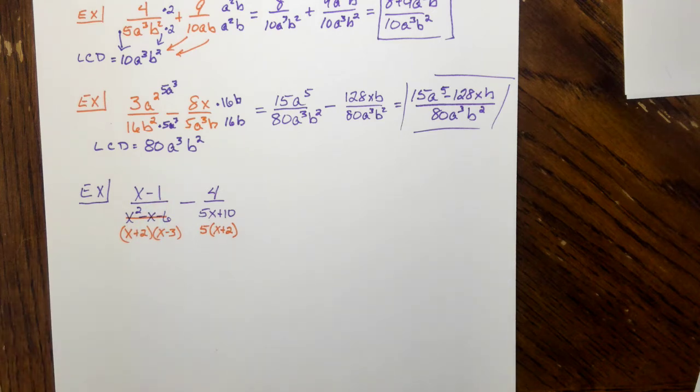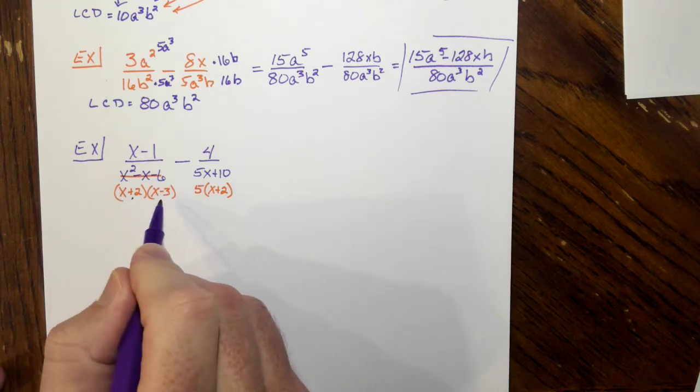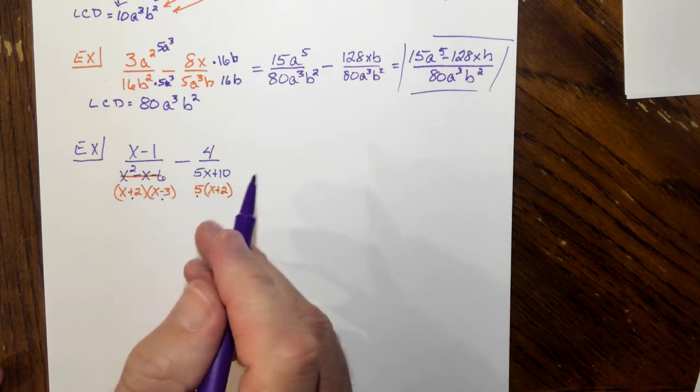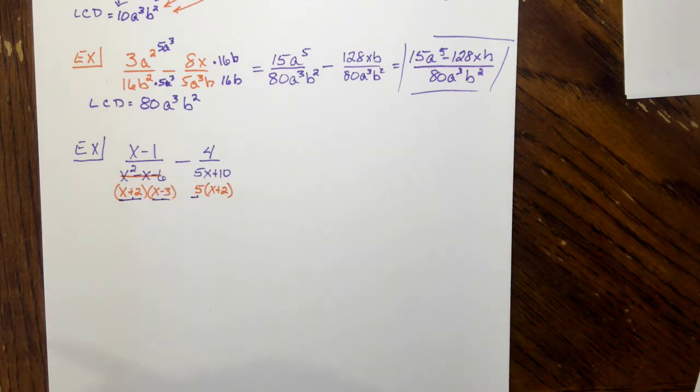So as I look at that, I got to be thinking, what do I want for my new denominator? So I see how many different factors here. 1, 2, 3 different ones. Those have the same. Remember, repeats are only going to be used once. So we need this, this, and that as our new denominator. So I'm going to write that out that way, again, leaving it where it needs to be in the denominator.